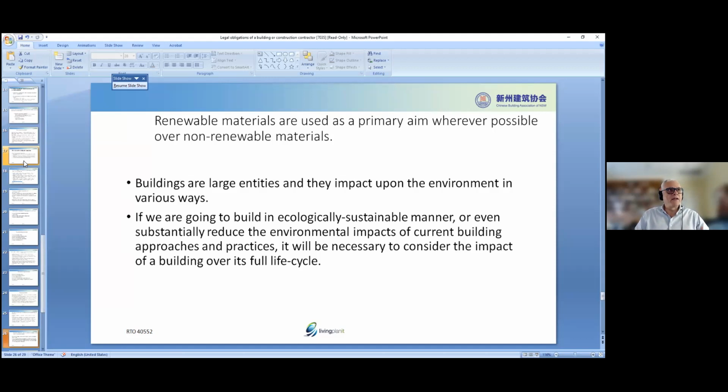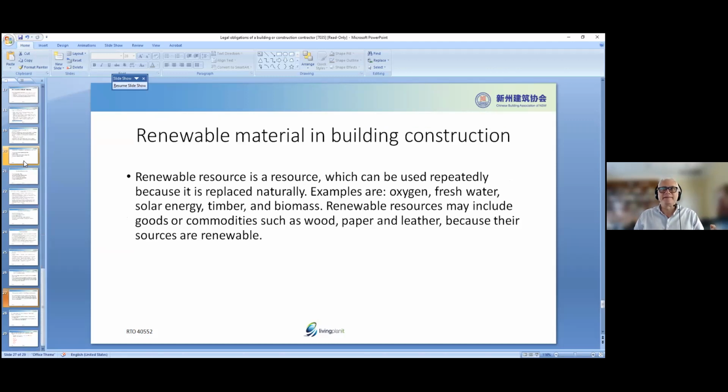And that's the way the law is heading, to ensure that we do certain things that are going to minimize energy consumption and minimize the damage to the environment. So be aware that we should be looking at those things, because that's the way things are heading. Okay? And they're going to be giving us benefits for doing it, and they're going to be penalizing us for not doing it.